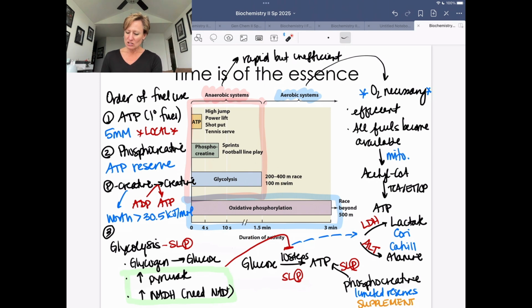After that point, you have to tap into oxidative phosphorylation. If you are a distance runner, doing anything long-term, you have to tap into this aerobic pathway in order to be efficient, in order to tap into all fuels. All right, so that indicates the timing piece of fuel use.